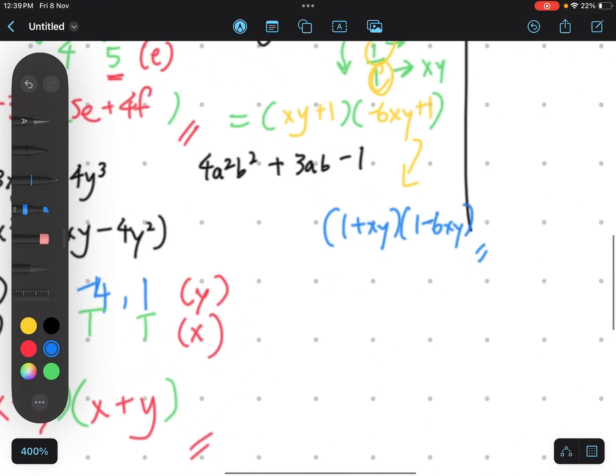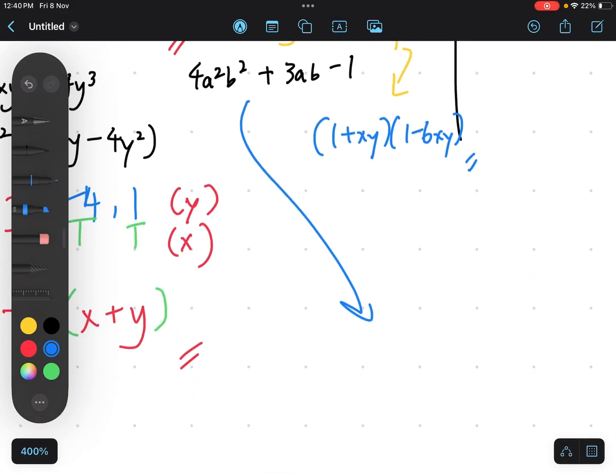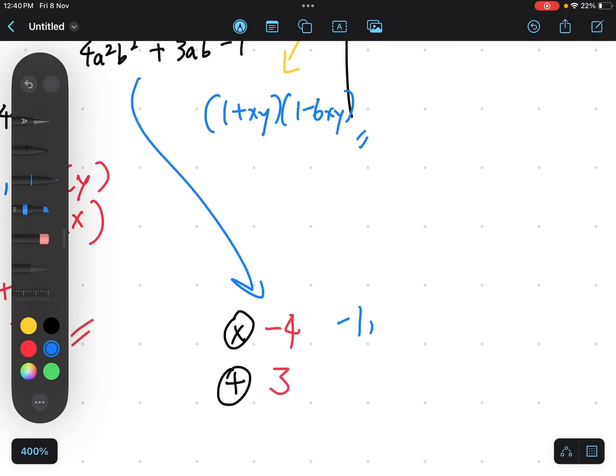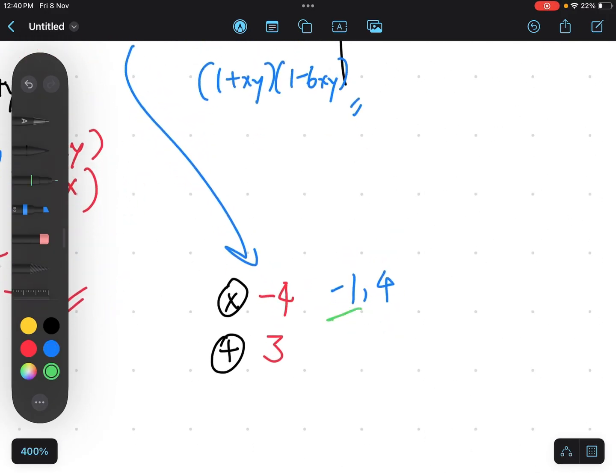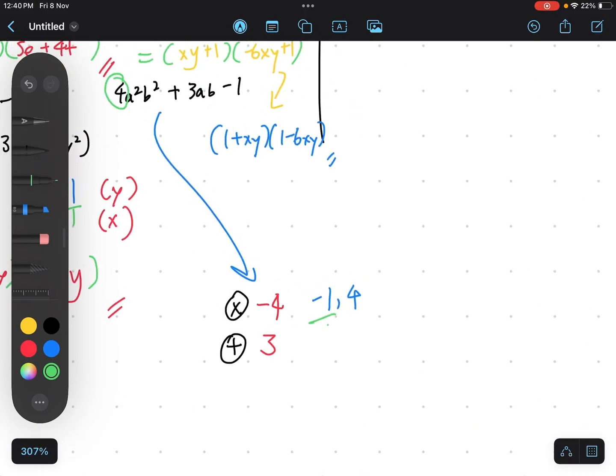And now we get a last one, which we'll do here, just because we're running out of space, really. So 4a squared b squared plus 3ab minus 1. Your multiplication number, 4 and minus 1, so it'll be minus 4. And your addition number will be very easily just plus 3. So it'll be 3. Your two terms, easy, minus 1 and 4. And then you divide by a, which here is just 4.